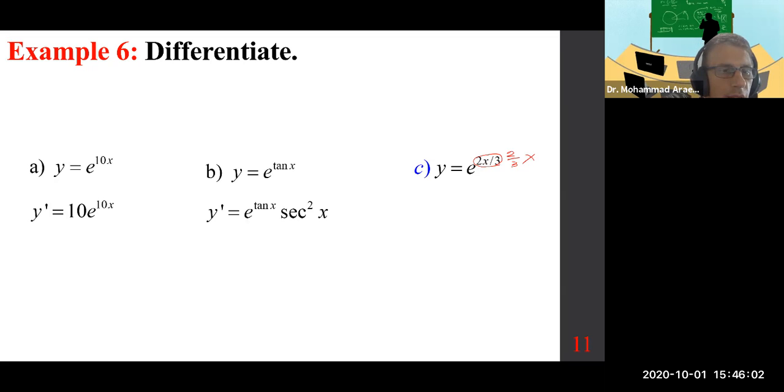And what you get is very simple. You get itself, e to the power of 2x over 3, and then the derivative of 2/3 x, which is 2/3. That's why I wrote it in that fashion, so that in case you have a hard time seeing the 2/3. Okay, class, I just wanted to make sure we can see that. All right.